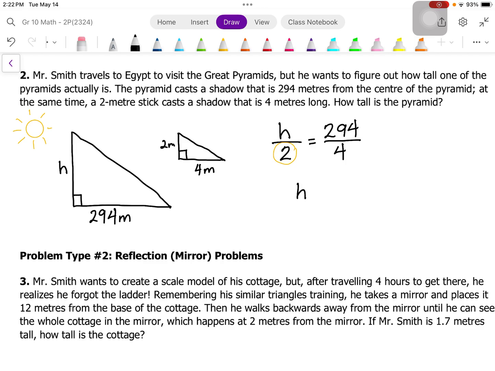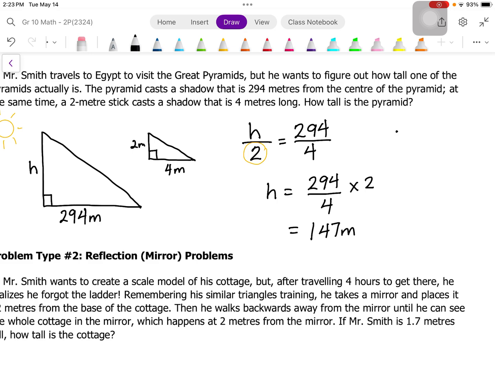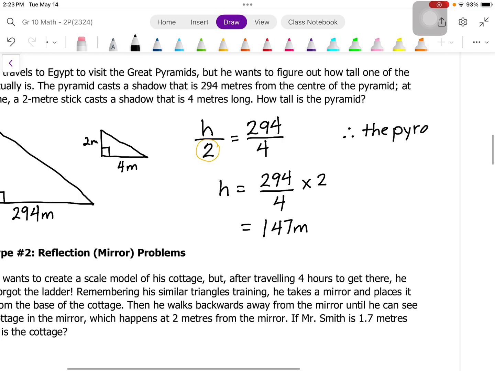So height is equal to 294 divided by 4 times 2, and that is equal to 147 meters. So, therefore, the pyramid is 147 meters tall.